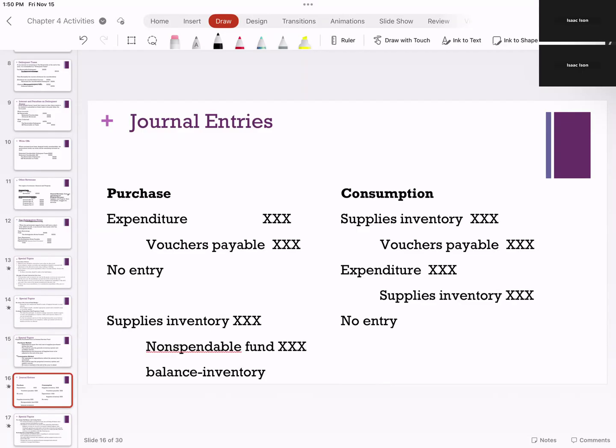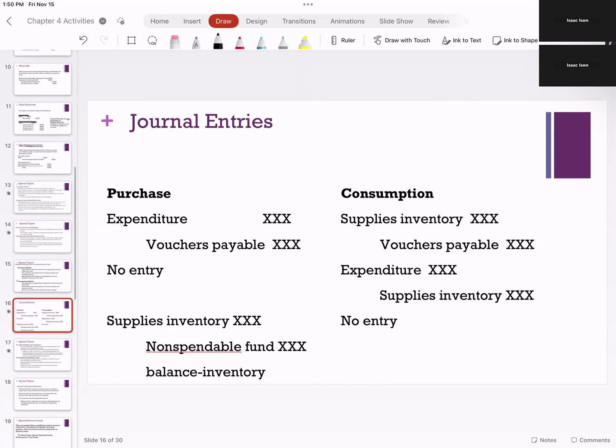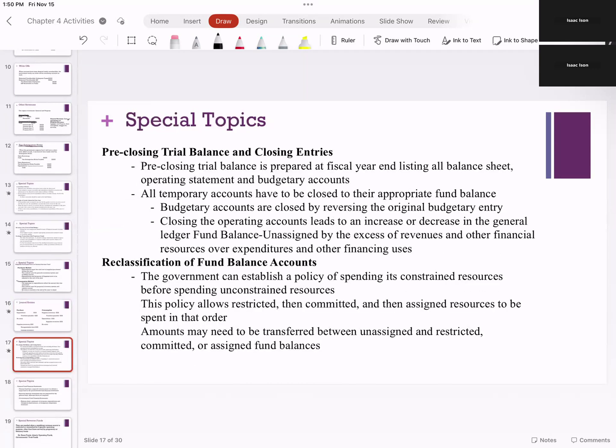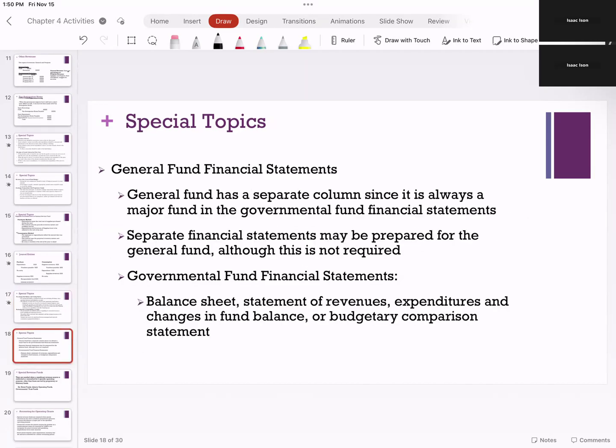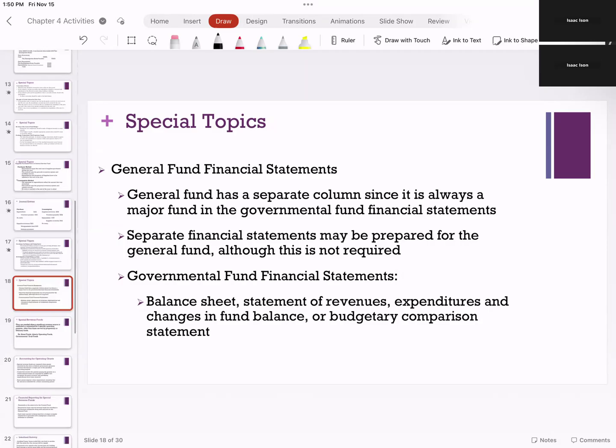Under the consumption method, we use an inventory account. We increase it, credit cash or vouchers payable. And then when we use the supplies, we record an expenditure for using the supplies and reduce down the inventory. Okay, so just be aware of that. These topics here, you can read through, again, I don't feel like they're heavily tested.